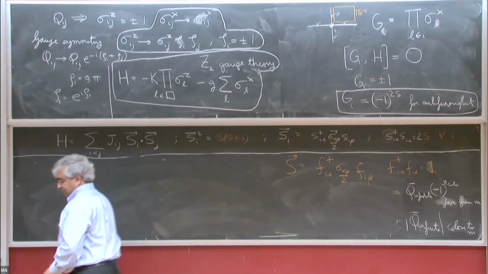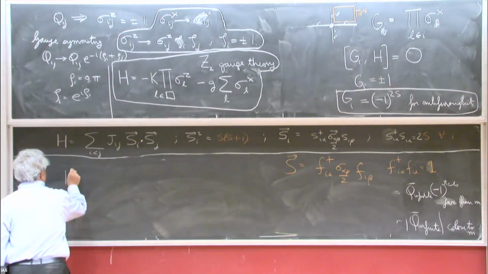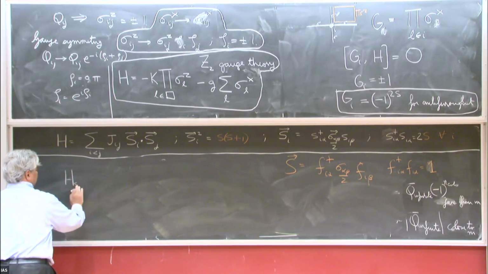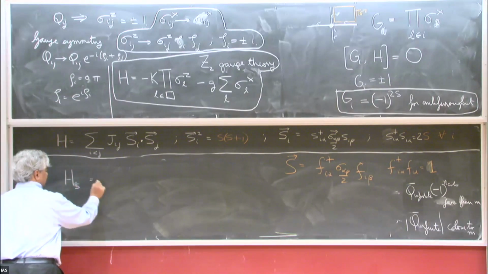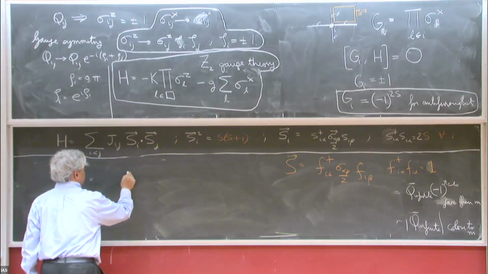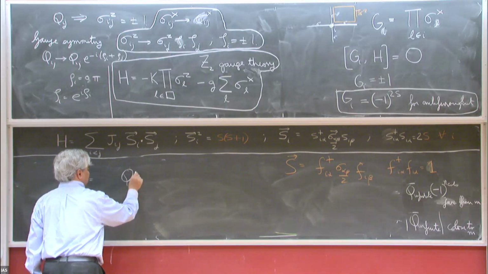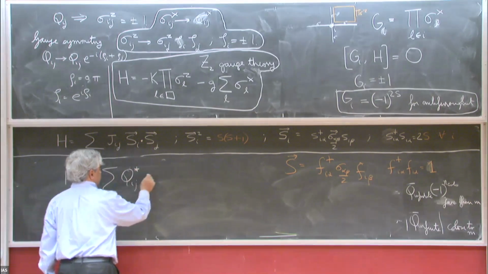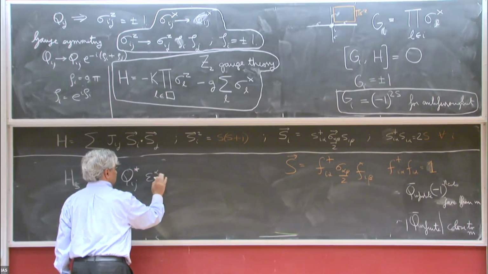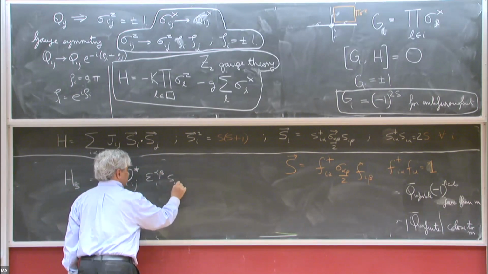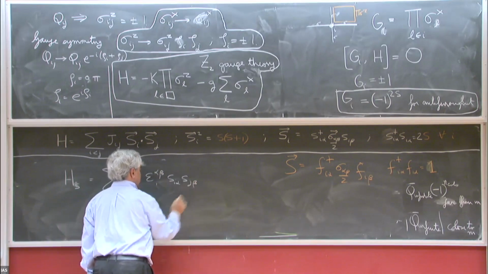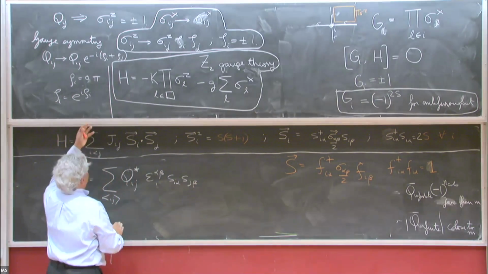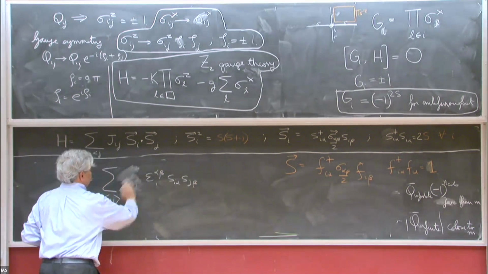Well, we already know how they appear in the original theory. The Hamiltonian for the S particles was Q_ij star, over all bonds, of epsilon alpha beta S_i alpha S_j beta. So all we have to do is replace this Q_ij by sigma^z_ij.